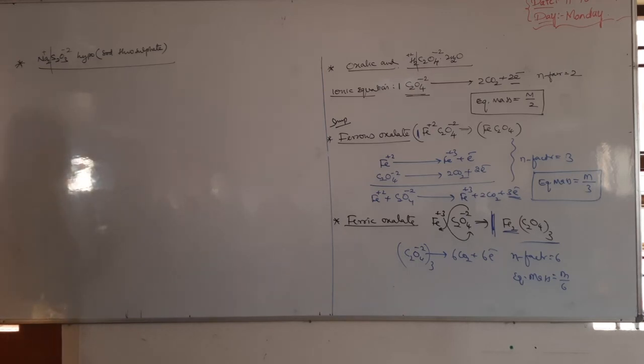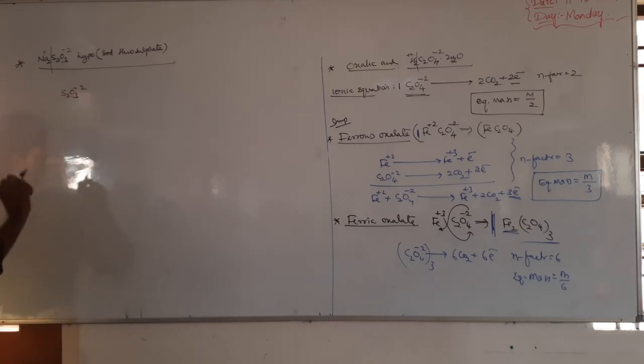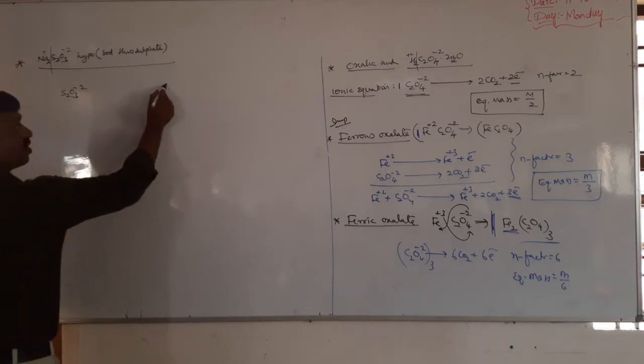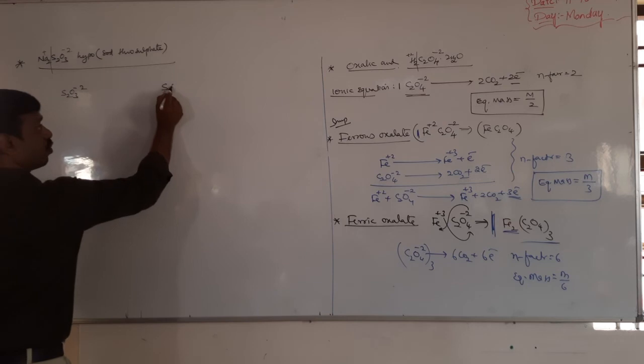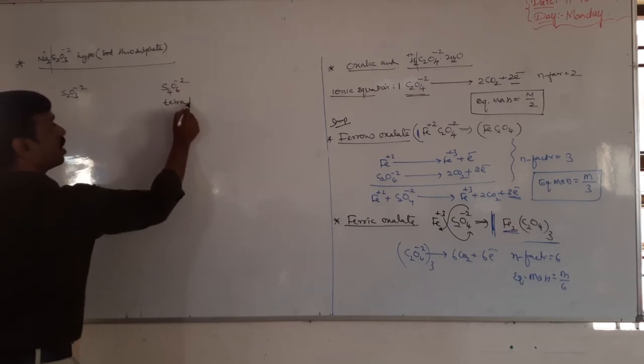It does not change, so you need not take it in the reaction. Then which takes part in the reaction? Yes, S2O3 minus 2. It changes to S4O6 minus 2, which is called tetrathionate. Important.